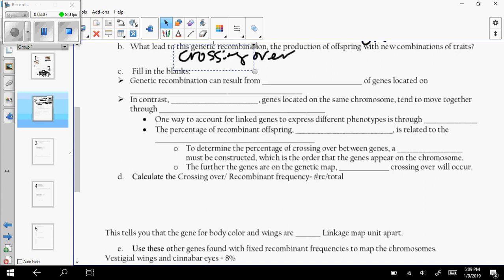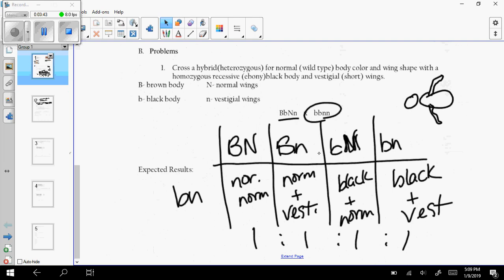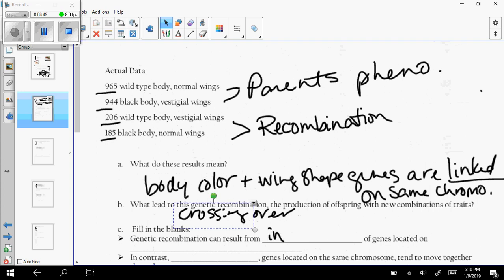So in a normal genetic recombination, like if I go back to this one, the reason why we make a Punnett square and why we have all these possibilities is because of independent assortment. That means each of the chromosomes line up on their own during meiosis and they separate. And that's why we do a Punnett square.